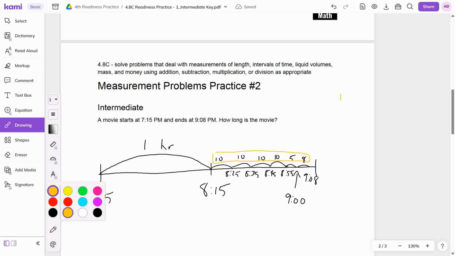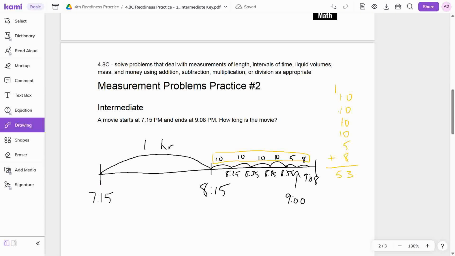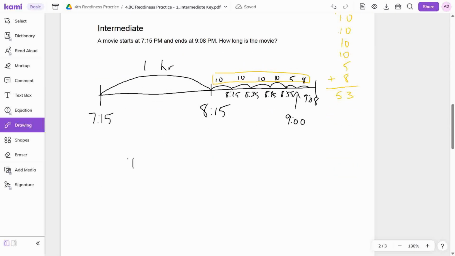So I've got 10, 10, 10, 10, a 5, and an 8. All right, 4 tens, a 5, and an 8. So that's 13. And that's 1, 2, 3, 4, 5. Okay, 53 minutes. So we can say the movie was, and then we can put our time together. 1 hour.